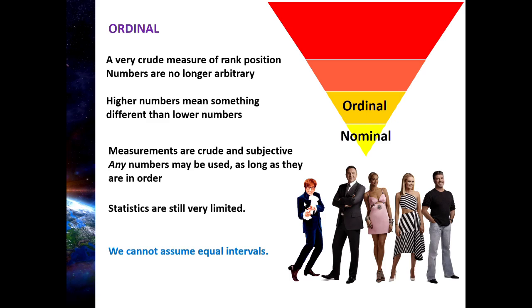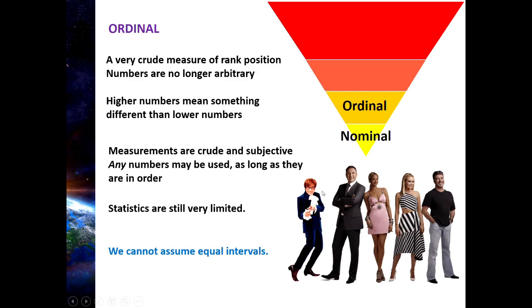So there's a difference of 1 between a 1 and a 2. Between a 2 and a 3, there's, again, a difference of 1. Between 3 and 4, again, that's 1 point different. But that's true for the numbers. It's not necessarily true for what it is we're measuring, which is height.